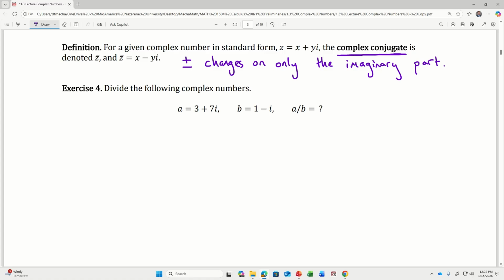So if your original complex number is 2 plus 3i, the conjugate would be 2 minus 3i. And we call them conjugate pairs because if you had 2 minus 3i, the conjugate would be 2 plus 3i. It's a one-to-one relation. It goes both ways.